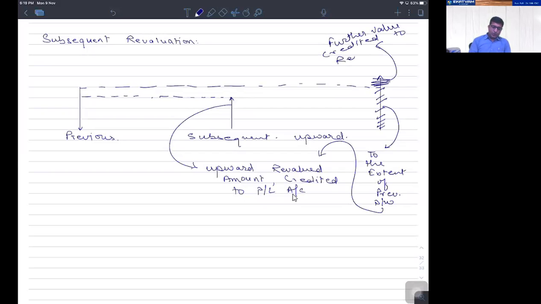To revaluation reserve account. Exact reverse of the previous situation that we discussed.